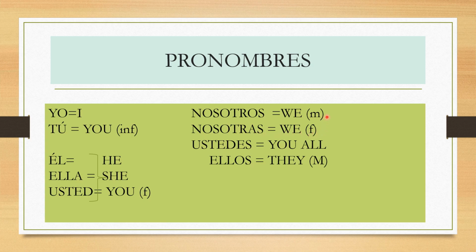In Spanish, we have words that are masculine and words that are feminine. If a word ends in O, it's usually considered a masculine word. And if it ends in A, almost 99.9% of the time, it's considered a feminine word.